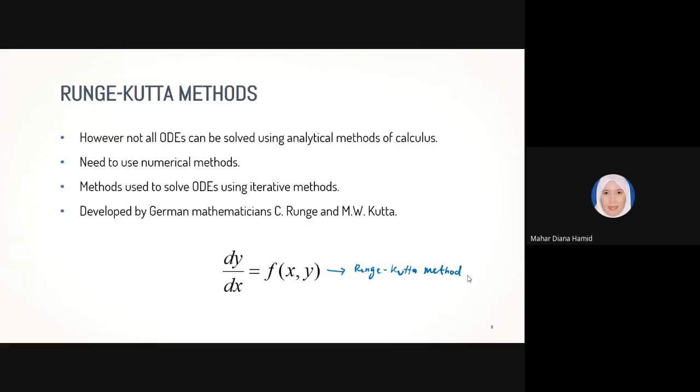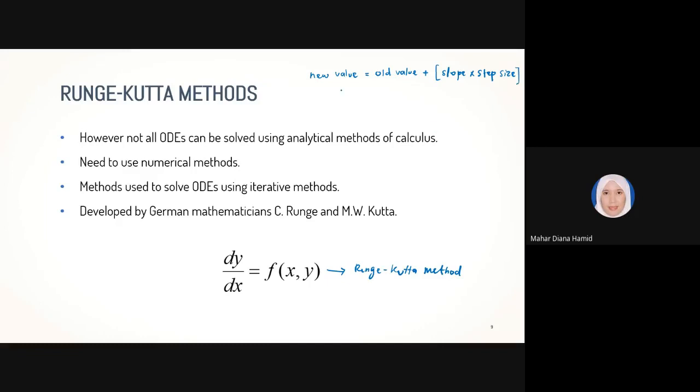The method has the general form of new value equals old value plus slope times step size. So this is the general form of a Runge-Kutta equation.